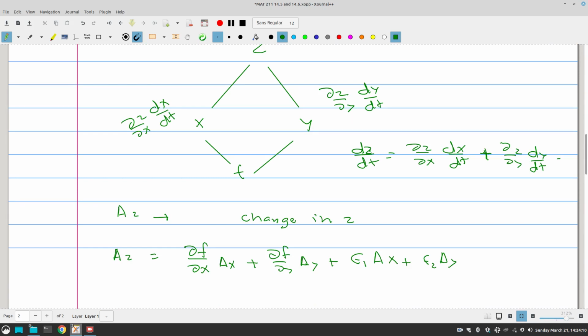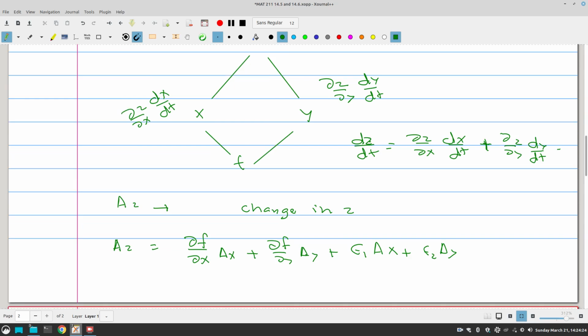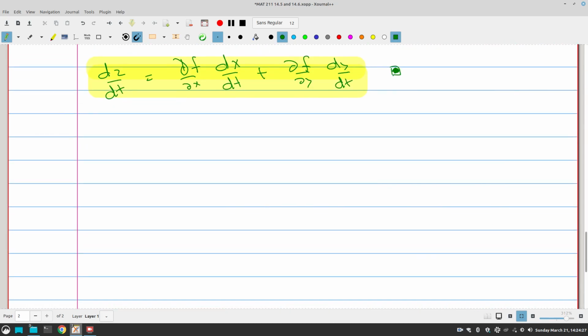So let's look at an example. The first example we're going to look at is z equals x squared y plus 3 x y to the 4, where x equals sine twice t, and y equals cosine t.